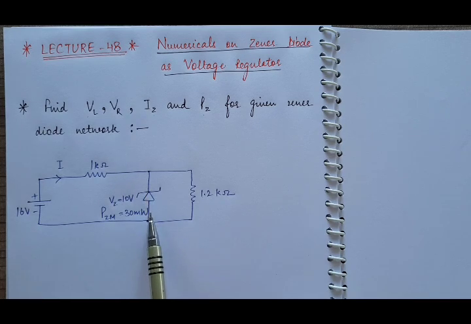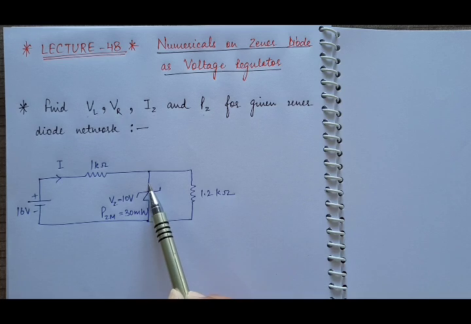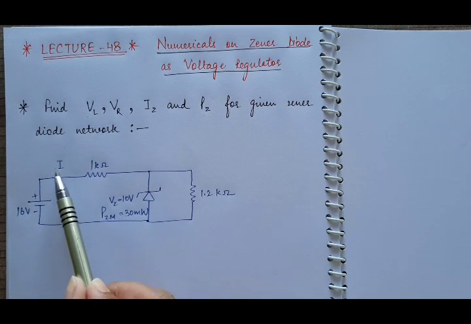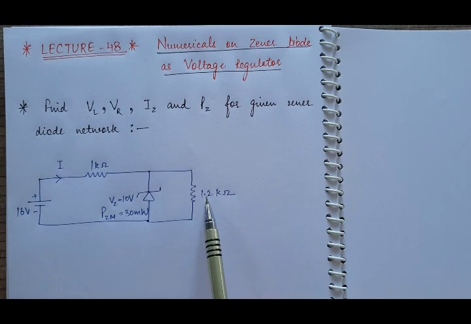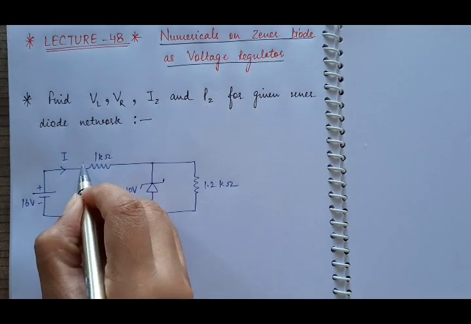And that voltage VTH will be equal to the voltage across this 1.2 kilo ohm. So what will be the voltage across this 1.2 kilo ohm when here we have open circuit? The same current I will flow through 1.2 kilo ohm. So apply Kirchhoff's voltage law.